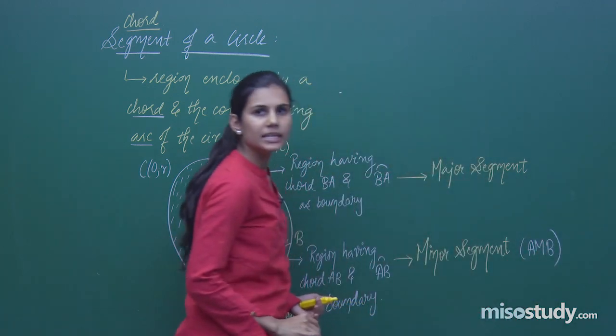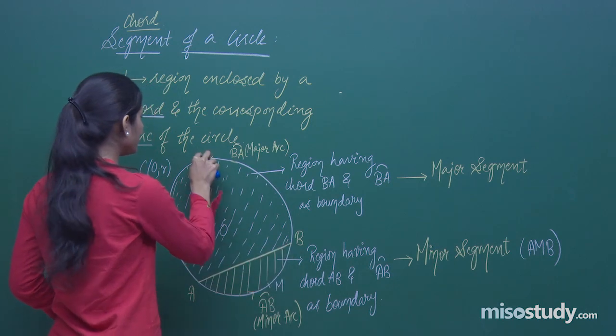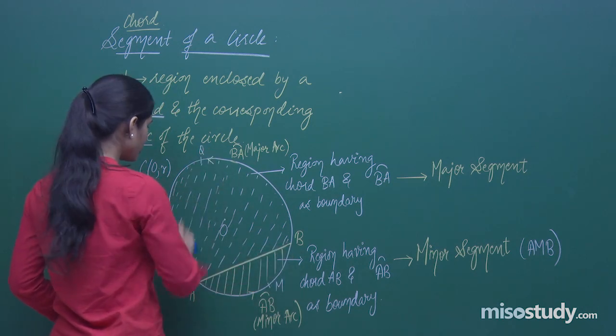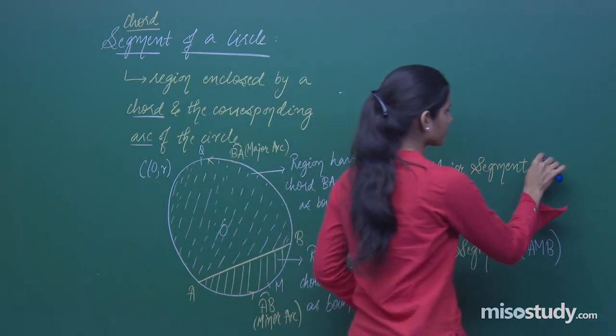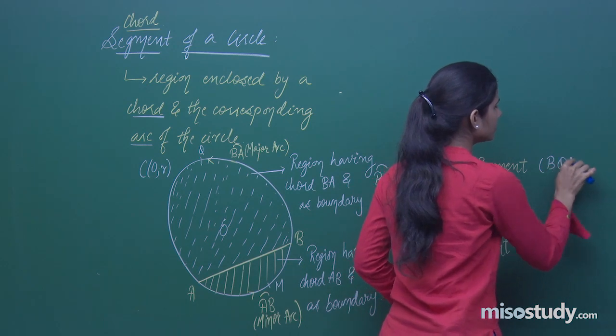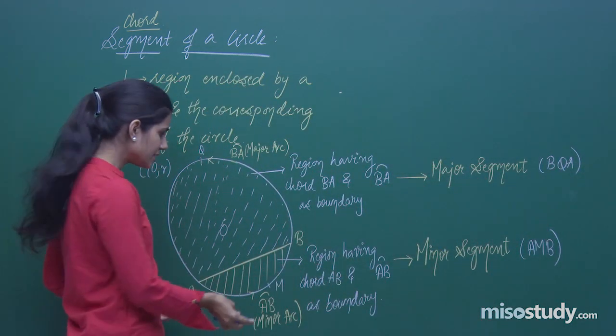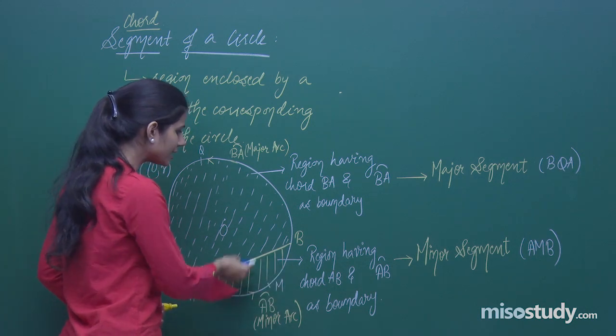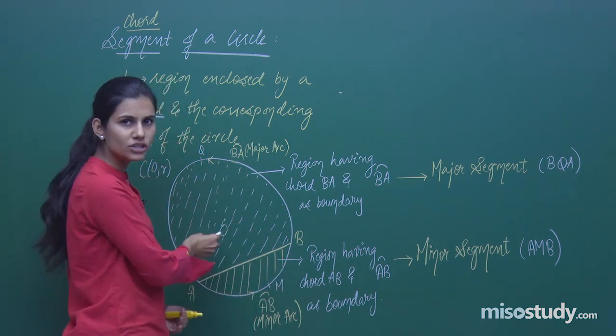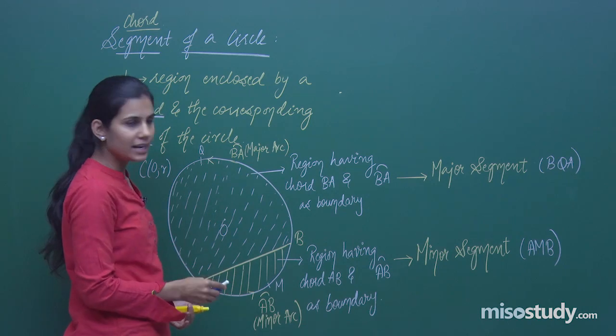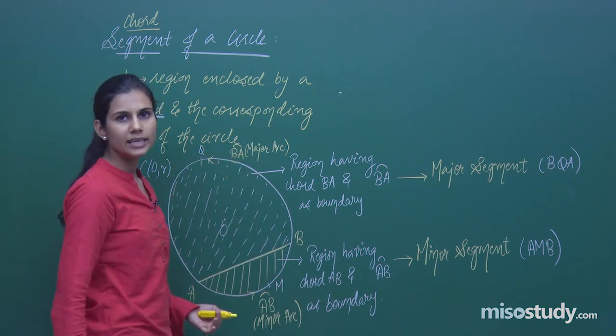Region AMB is the minor segment, and region BQA, say this is Q, is the major segment. So you can very clearly see the region acquired by the minor segment plus the region acquired by the major segment, together, when you add them, you get the region acquired by the entire circle.